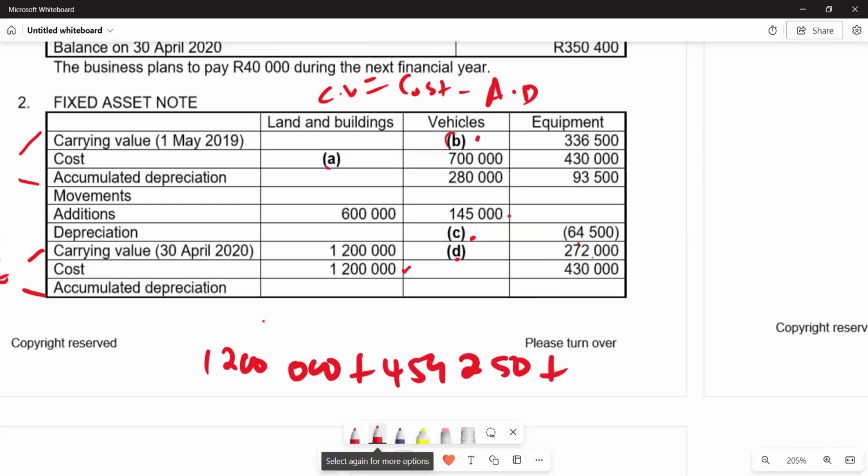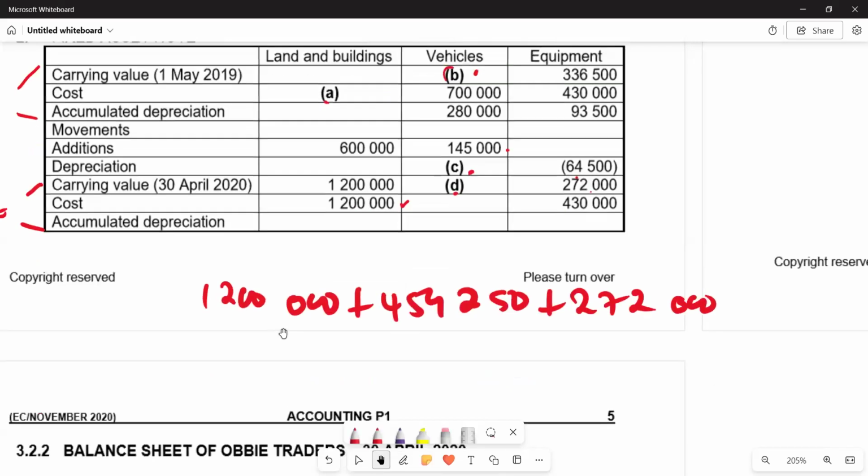And then for equipment, we have 272,000. And obviously, the answer that we are supposed to get there will represent the total of the carrying values.